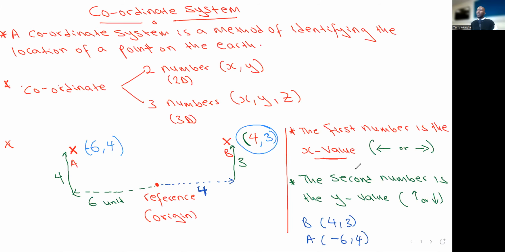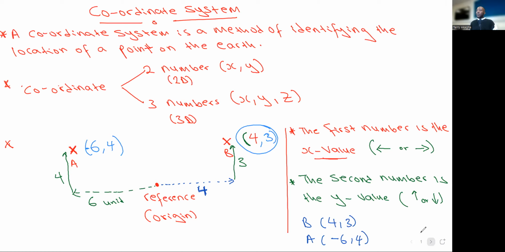So in this case, we have X, Y, and Z. The 2-dimension we just talked about only has X and Y, where the first one is X and the second one is Y. But in this case, we have 3 dimensions, where X, Y, and Z are all at right angles to each other.